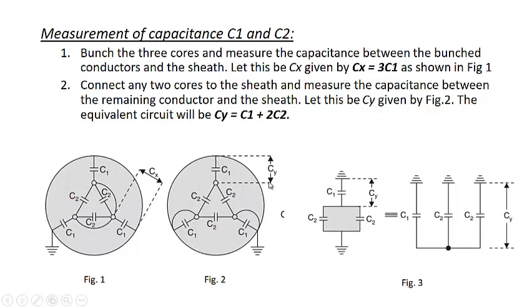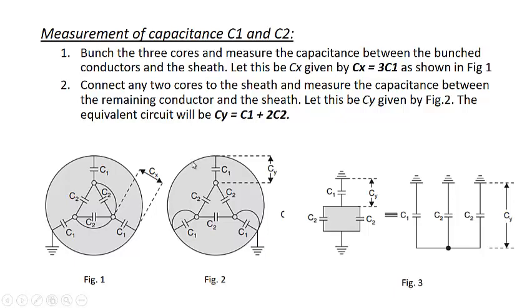So this is why Cy is calculated. Now this point is connected to this sheath, this point is connected to this sheath. When you calculate capacitance between this point and sheath, that means you are calculating capacitance between this point and any point on this sheath. So you can see that there are three capacitors, C1, C2 and C2. One connection of all the capacitances is connected to this conductor.